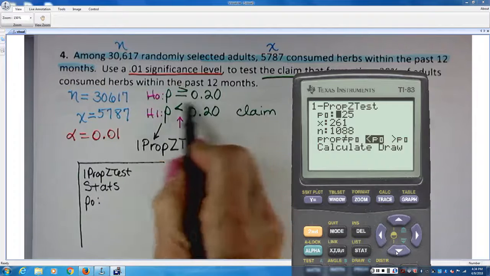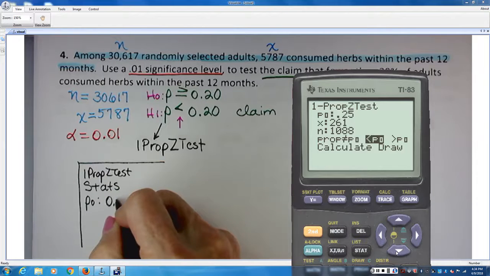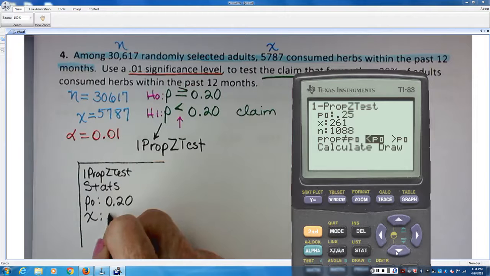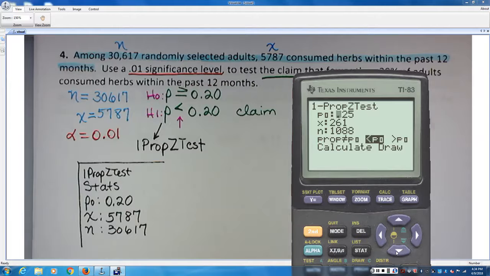And of course that's 20%. And then it's going to ask us what's the value of x, that's the smaller of the two numbers from the sample, 5787. And then what is the size of the sample, and that's 30,617. And then what does H1 say? H1 says less than. So that's how we're going to fill it in.